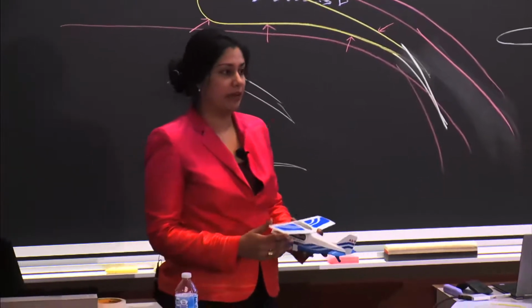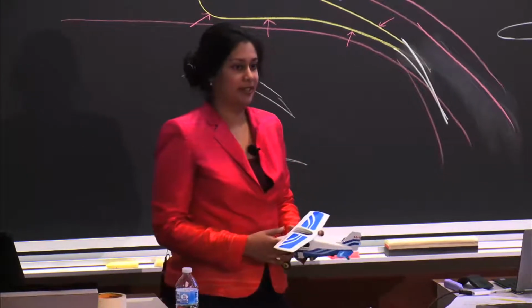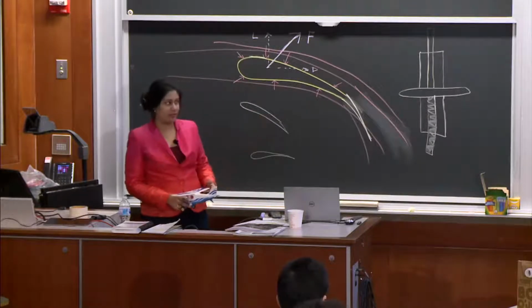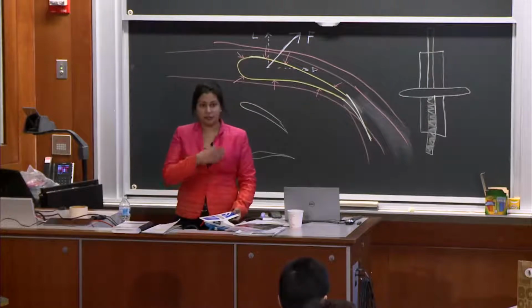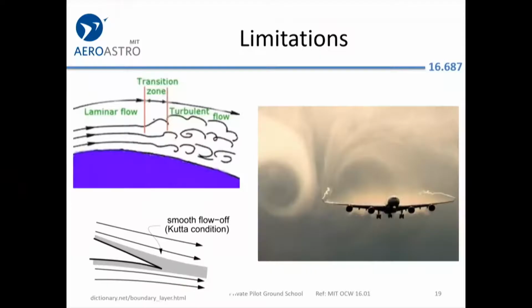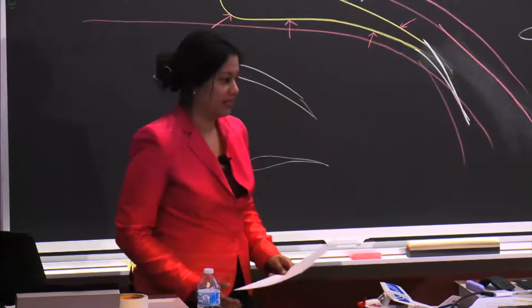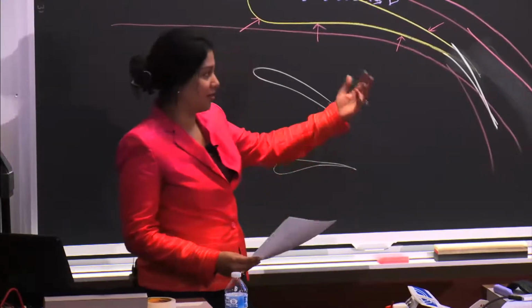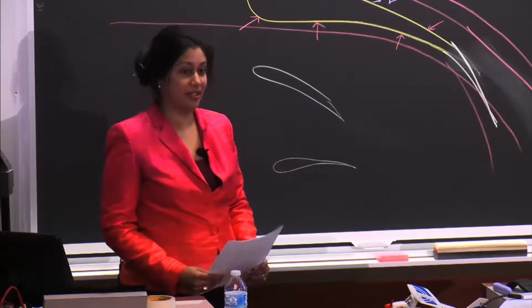Has anyone heard about tip vortices? Couple head nods. Okay. We have a picture there that shows a jet to show a little bit about what the air does when it comes off the end of the wing. We're going to talk about tip vortices a little bit. But the problem is that it no longer is adhering to all of our conditions.